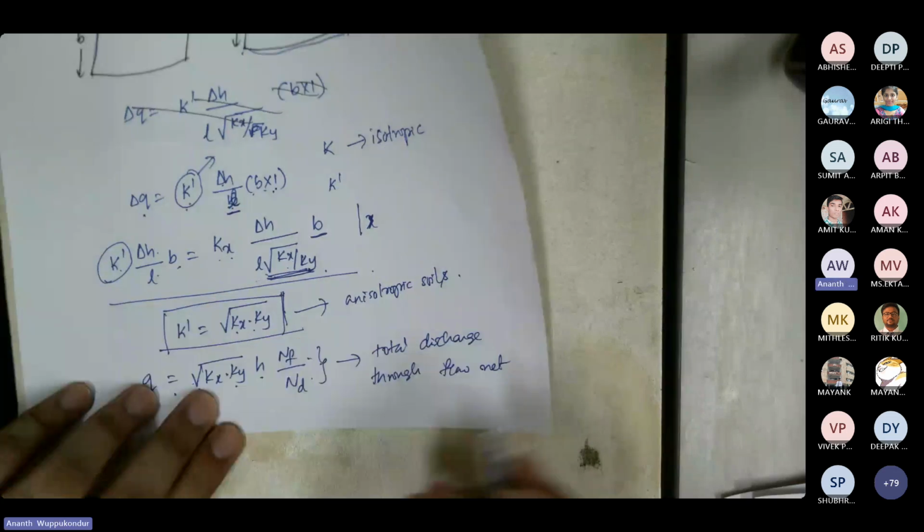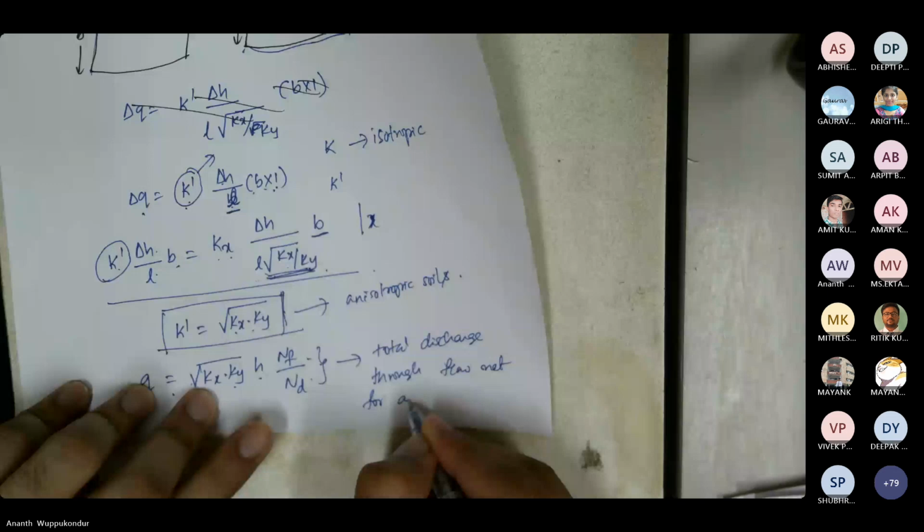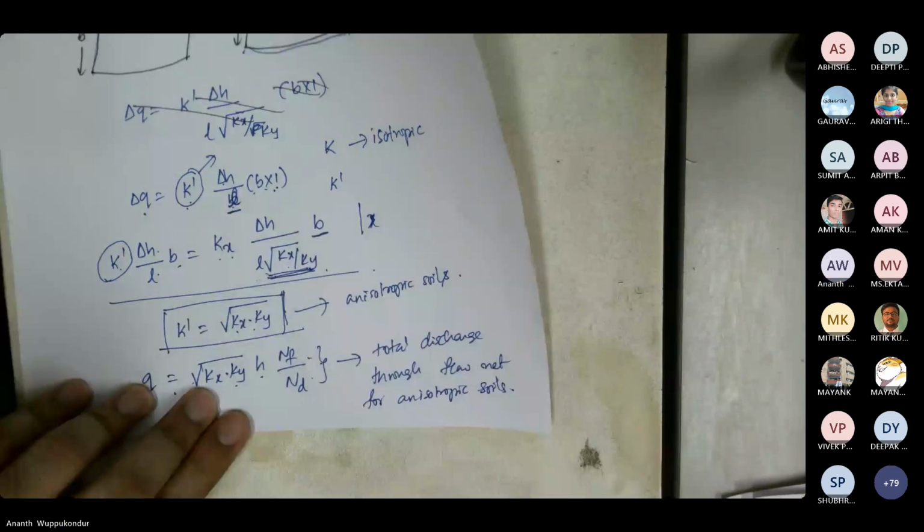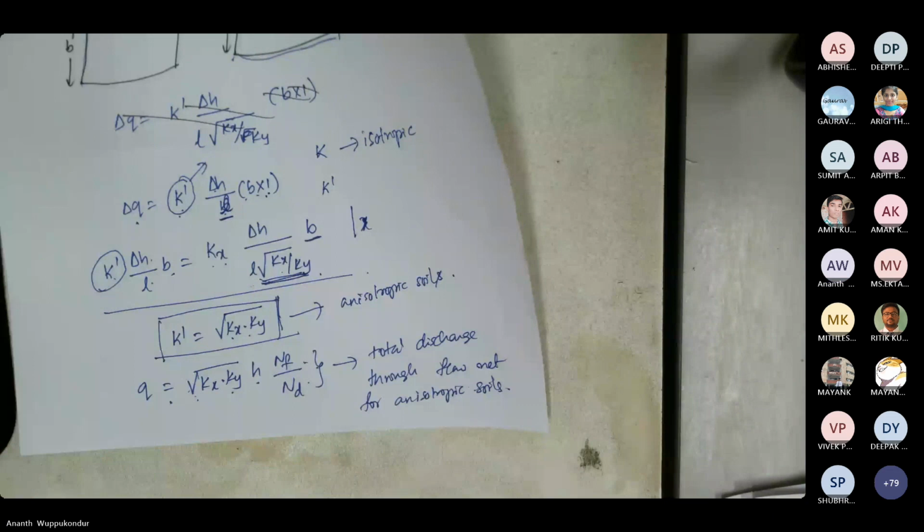And this is for anisotropic soils. So now we have expressions for the total discharge through a flow net, whether it is isotropic or anisotropic soils.